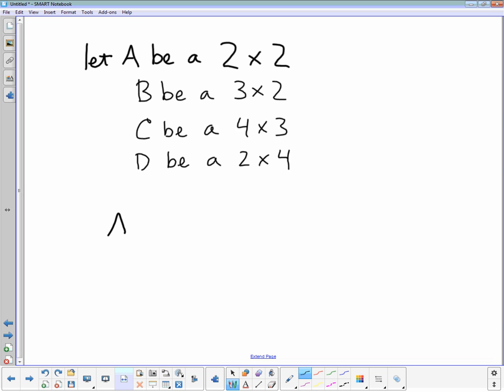If I did A times B, that would be a 2 by 2 times a 3 by 2. Would that multiply? No, the two middle numbers have to be the same. So this does not work.